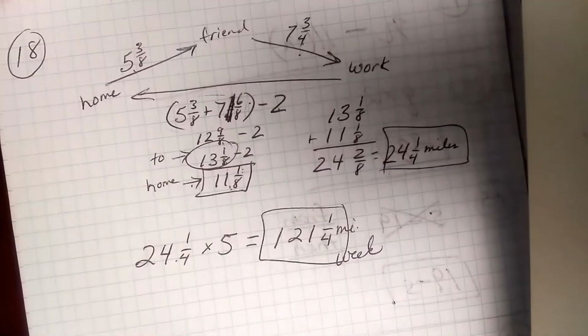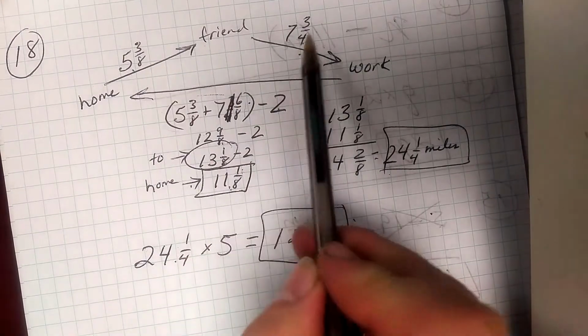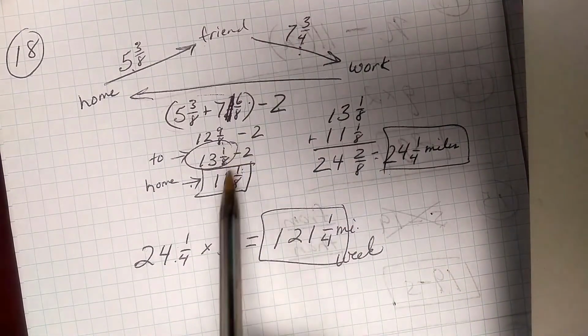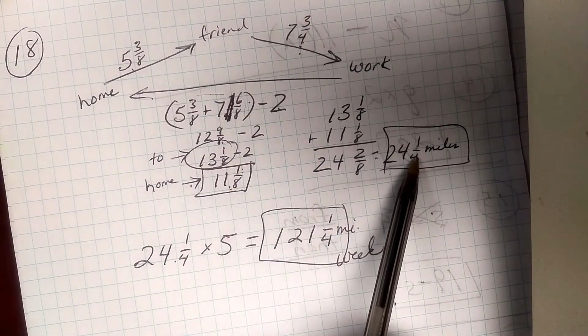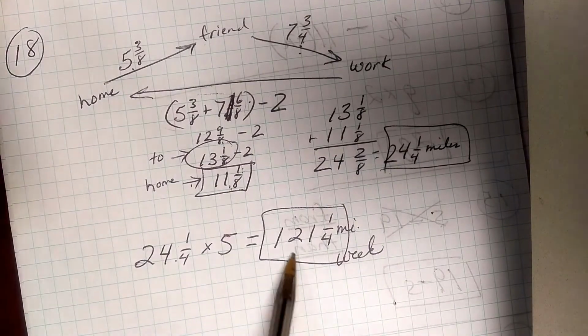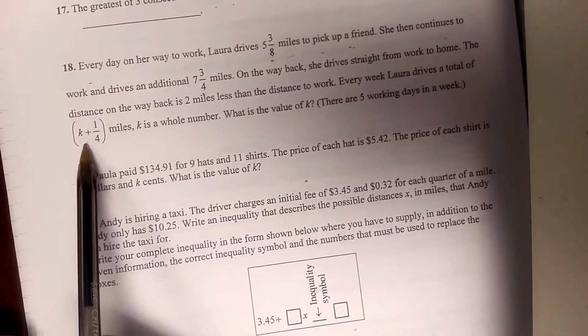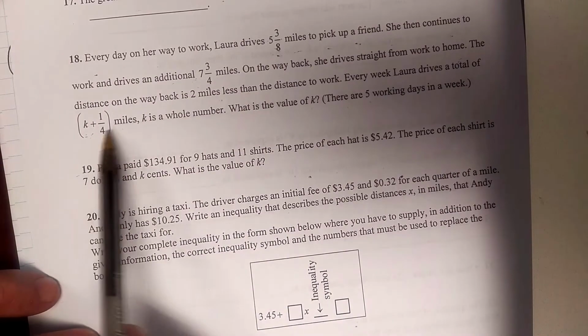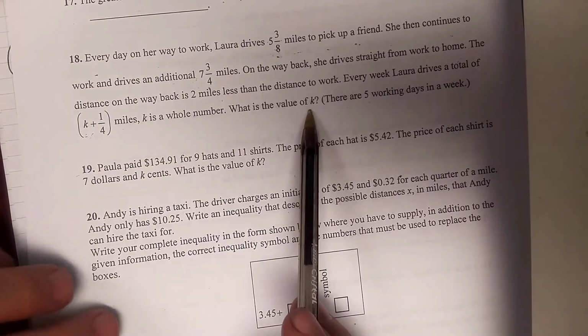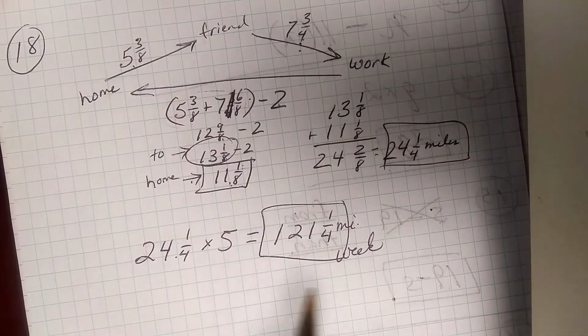Now that we've figured out the amount to work, the amount home, how much for one day, and then multiplied it by 5 for 5 days, we have to put it in the form of K plus 1/4 because we want to find out what just K is, which is a whole number.